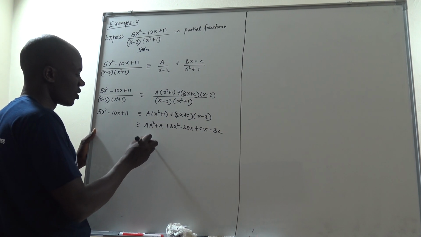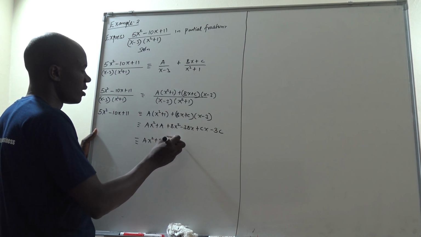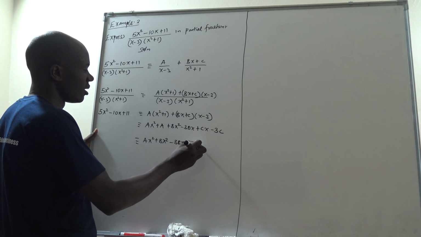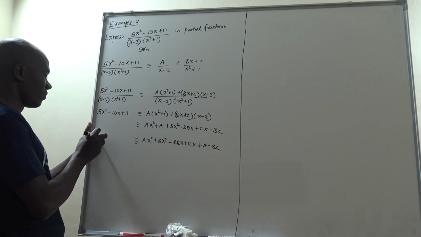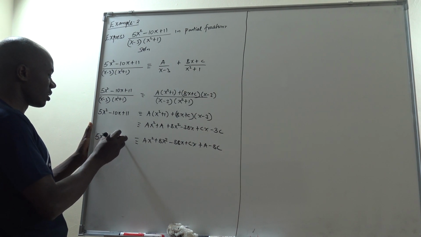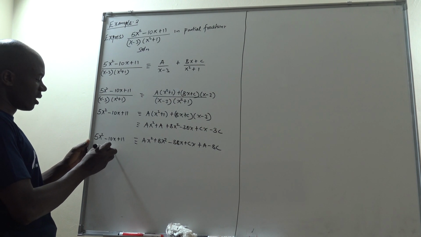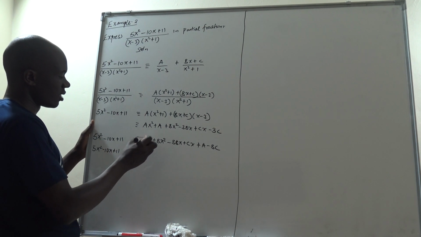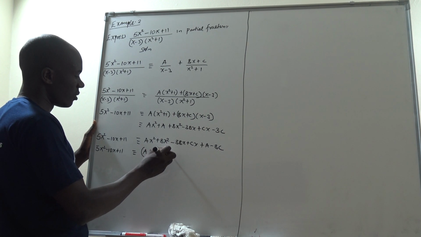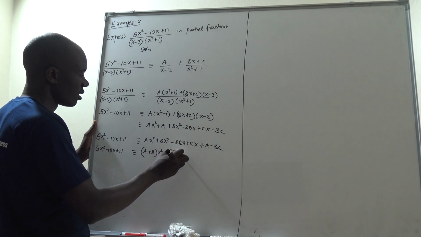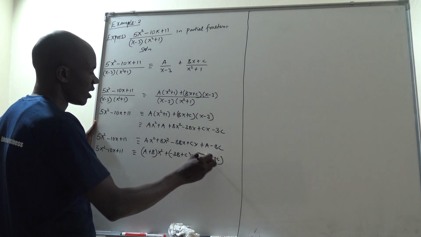We are having Ax² + Bx² − 3Bx + Cx + A − 3C, the whole thing equals 5x² − 10x + 11. So 5x² − 10x + 11 is the same as (A + B)x² + (−3B + C)x + (A − 3C).